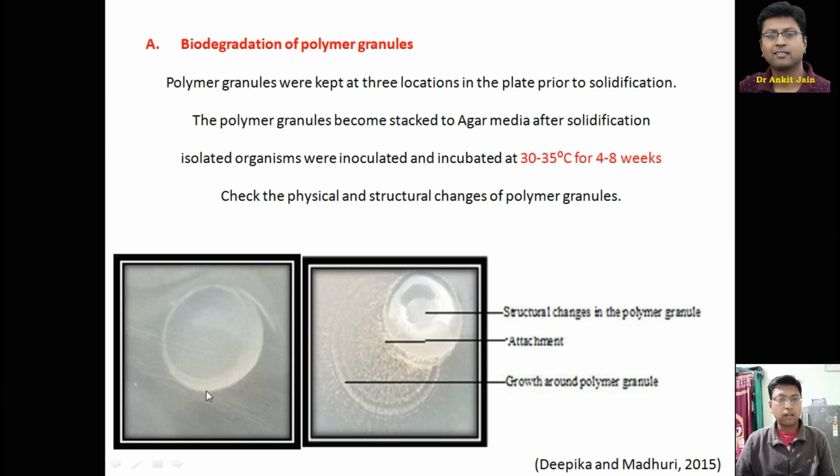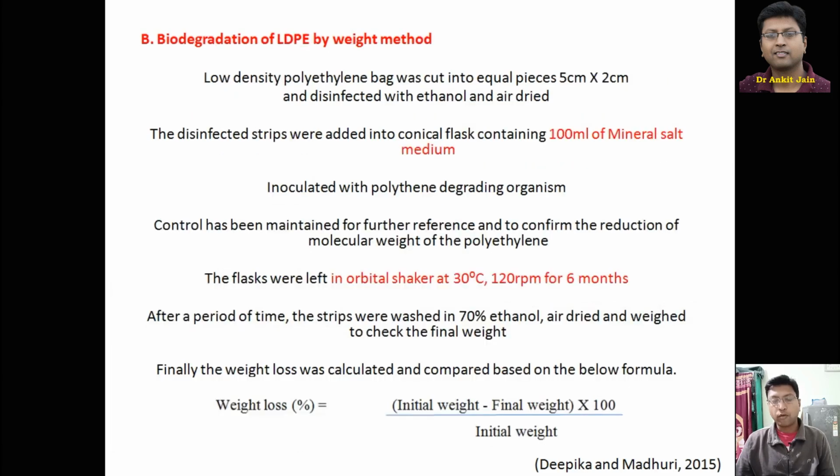You can see here this is a whole granule, and after incubation there is change in the granular structure, leads to degradation. So that is how we can measure the plastic degradation by change in the shape, change in the size, change in the molecular weight, change in the hydrophobicity, like that.